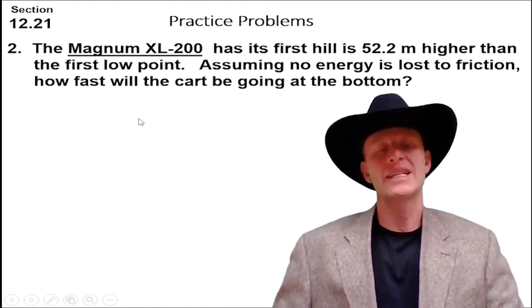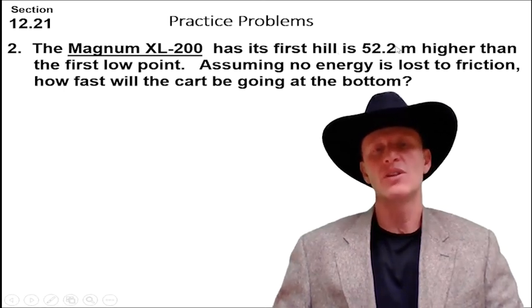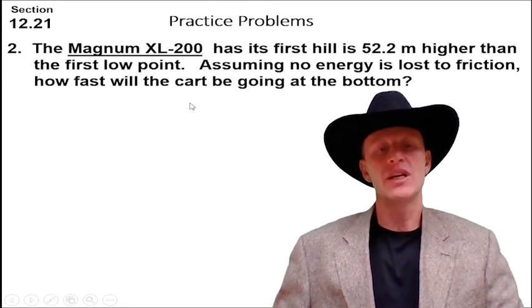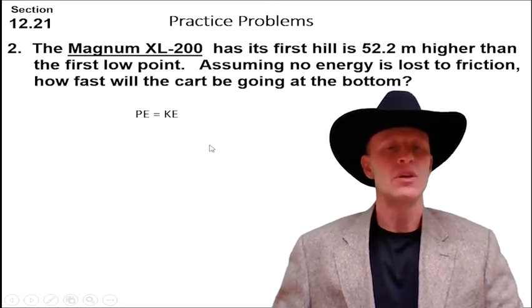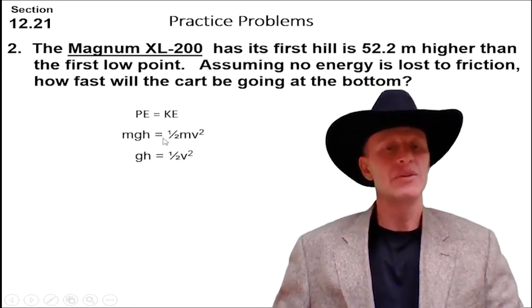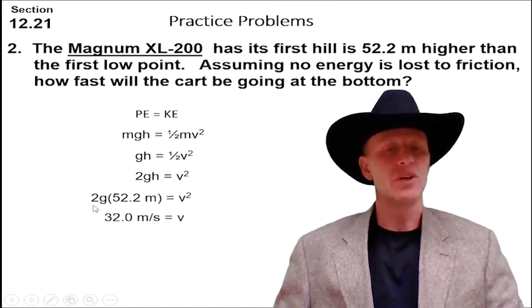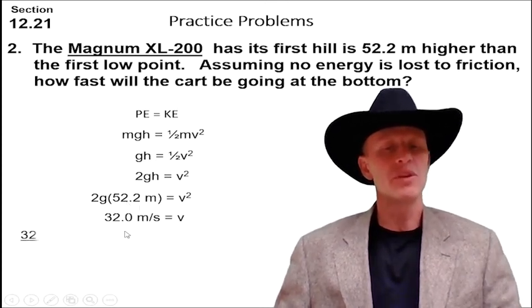Cedar Point, the Magnum XL 200 has its first hill drop, a little bit lower than that. Assuming no energy is lost, how fast will it be going at the bottom? Well, if we look at the KE, we have that same derivation. All we got to do is plug it in and calculate. Square root of 2 times 9.8 times 52.2 comes up to be 32.